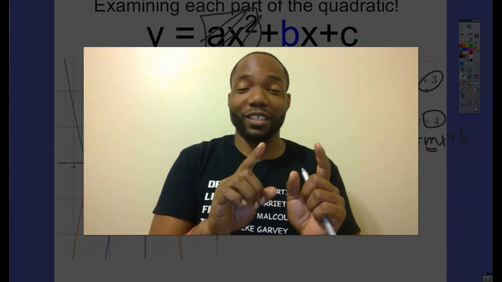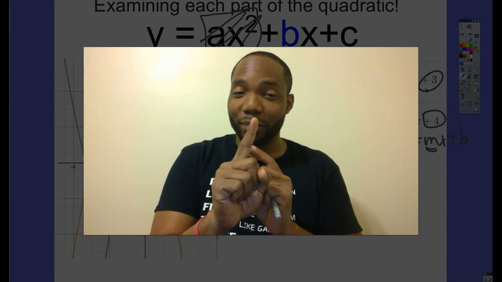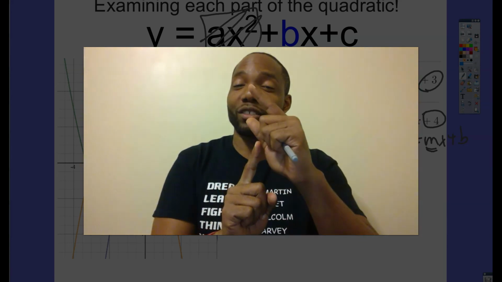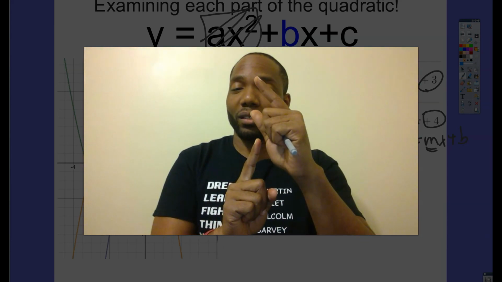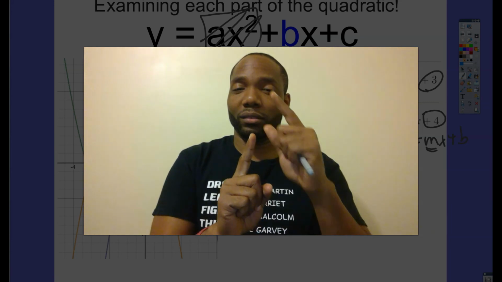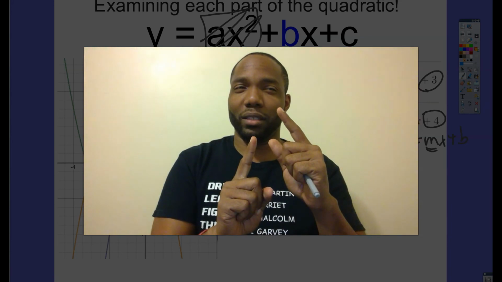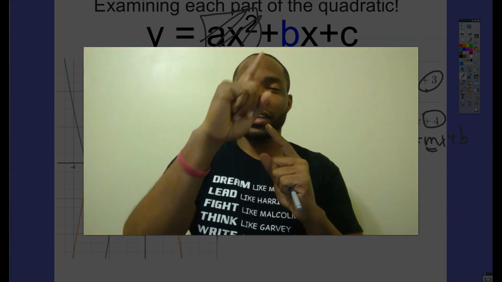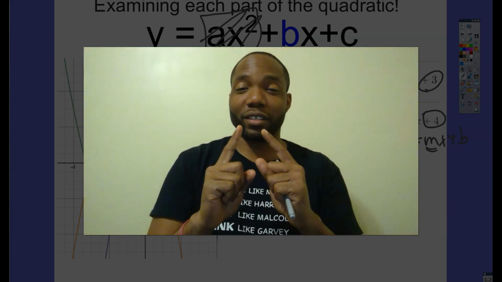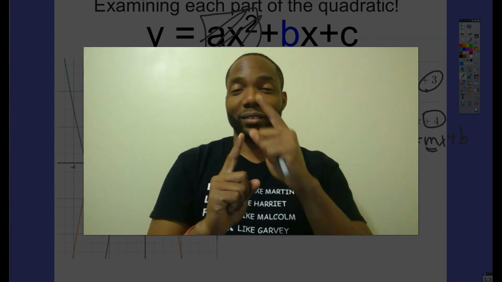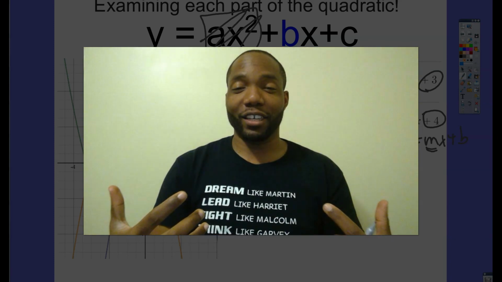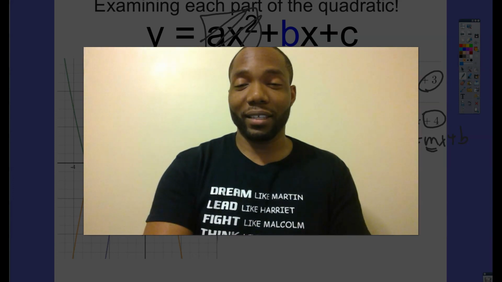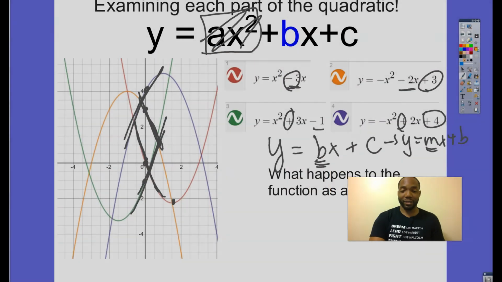If b is positive at that y-intercept, that part of the parabola will be rising to the right. I think it's mirrored, so to the right. And if it was negative at the y-intercept, it'd be rising to the left. That's what b does. That's why I saved it to the end. It's not that it's hard, but it's a little different.